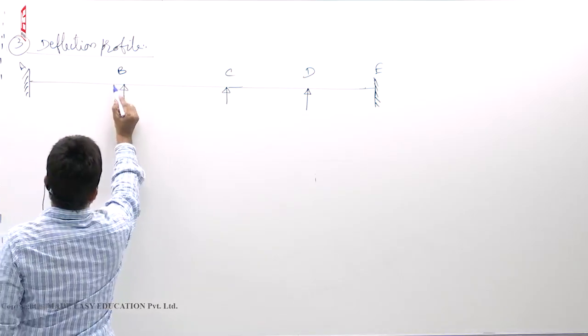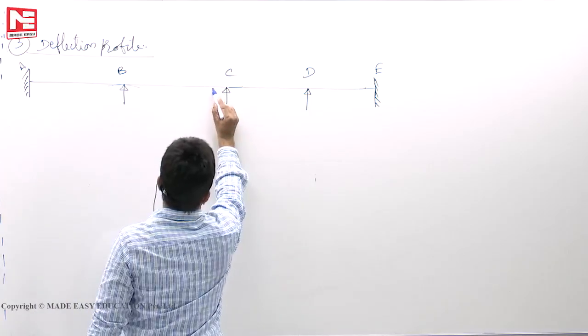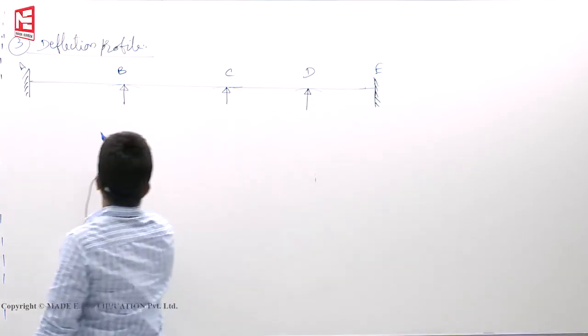Here the profile is something like this, slope is 0, theta C is 0, theta D also 0.